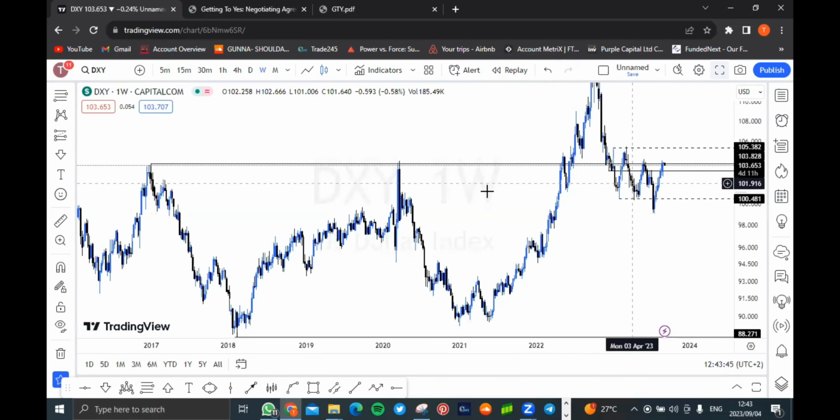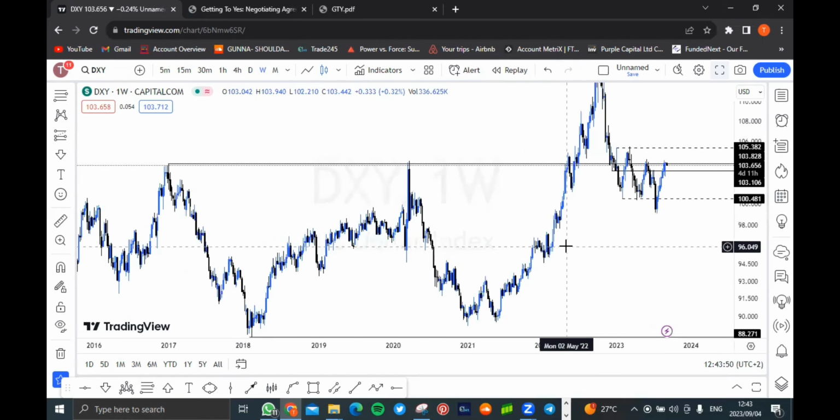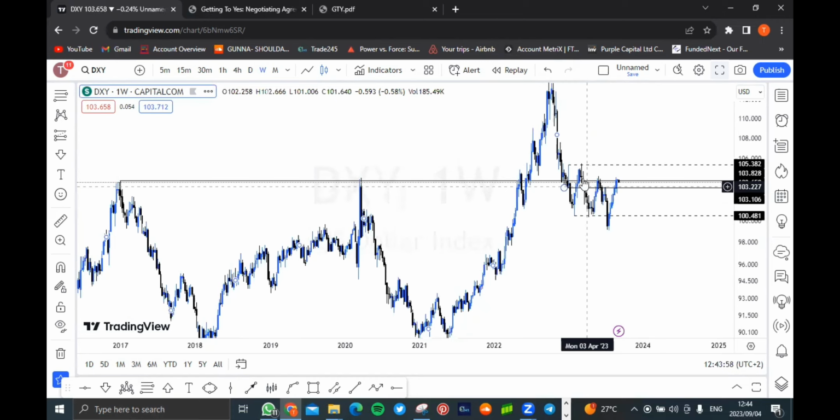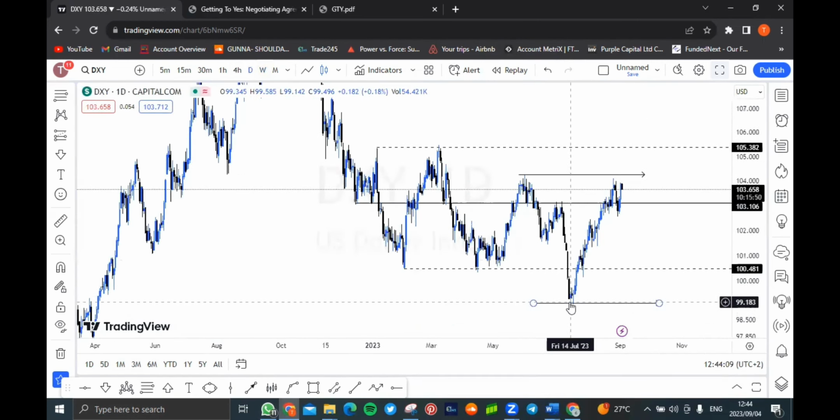So it's looking more skewed to the downside than the upside, because in the range that formed around the resistance of the weekly one, the daily range, we had a break to the downside. A new low was created.